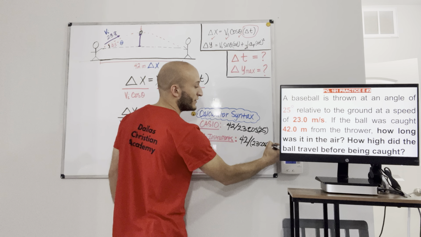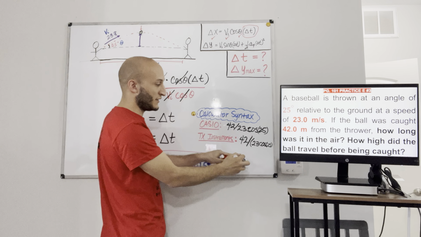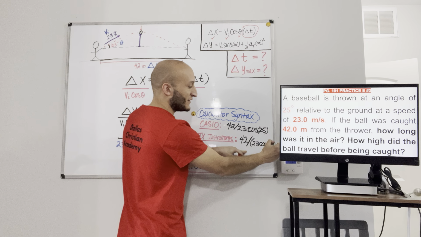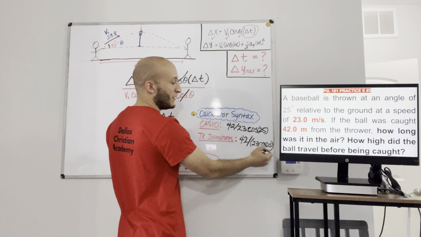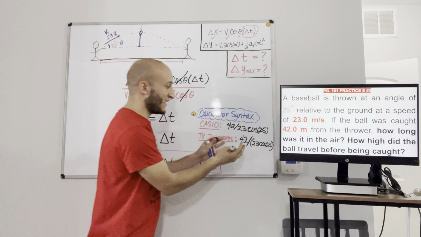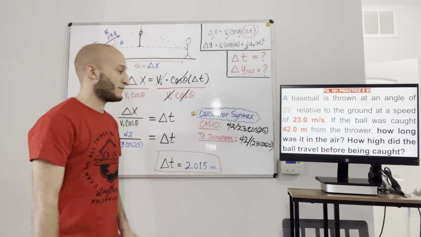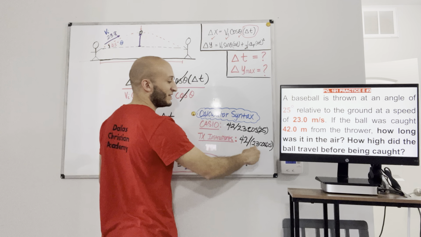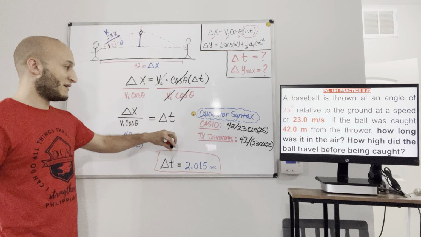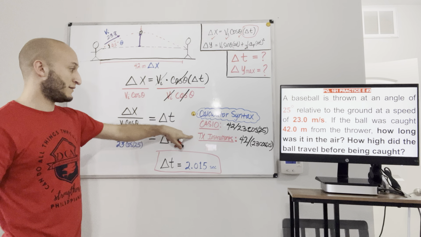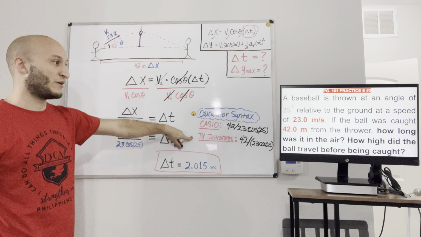You're gonna write a 25, close parentheses for that cosine function, and then close parentheses again, one last time, to indicate I want 42 to be divided by all of this. If these parentheses at the beginning and at the end of your denominator are not entered in a TI scientific calculator, it won't give you the right answer.